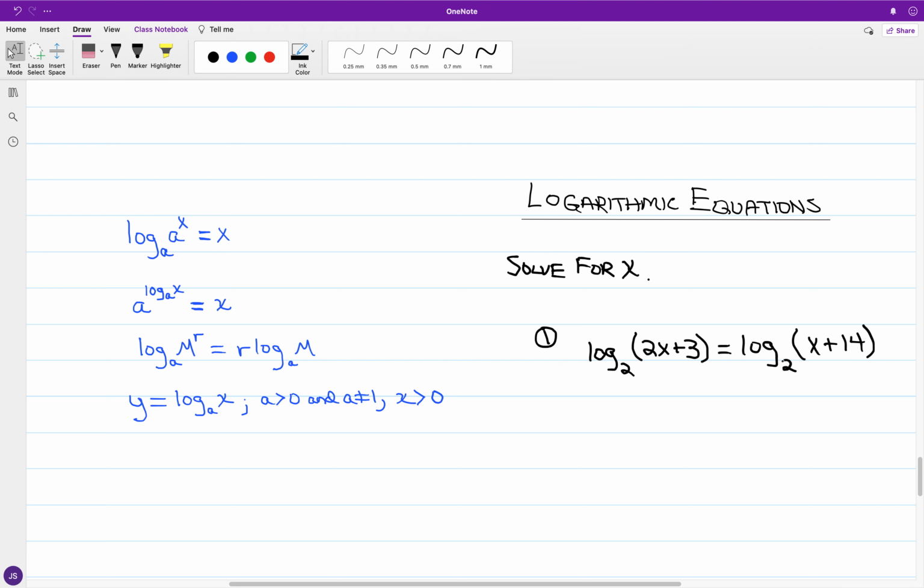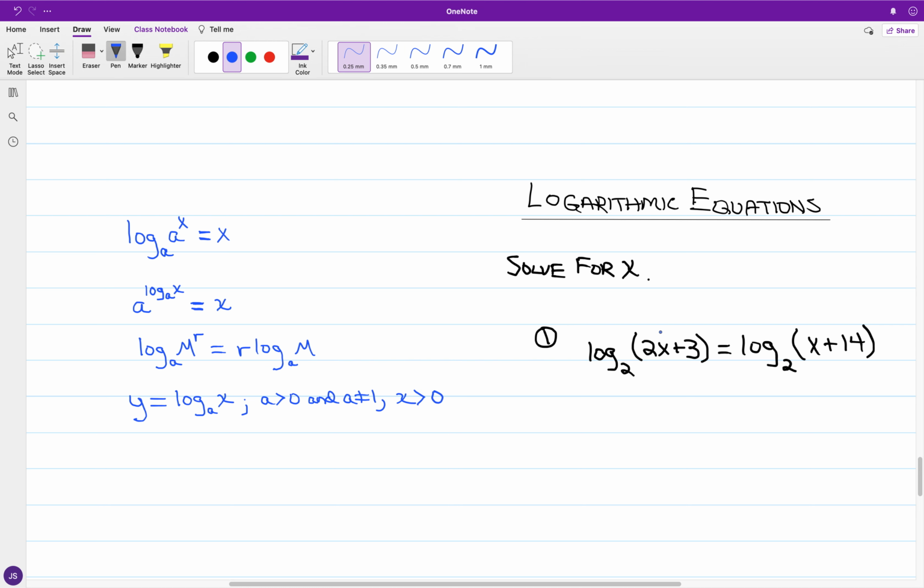So I have the same logarithmic base terms, and let me mention something here. These terms are along the lines of base a logarithm of x, where the base a is 2, and in both of these you have the arguments 2x plus 3 as well as x plus 14, and whatever the argument is must be positive.